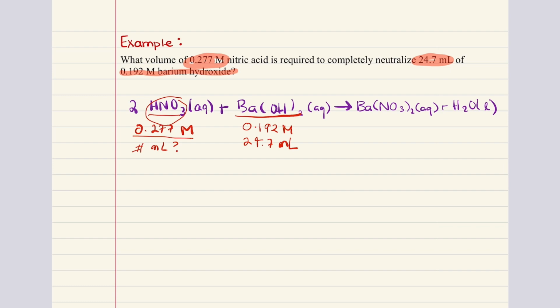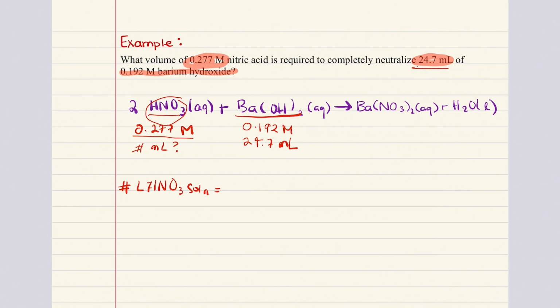We want the volume of nitric acid, so the number of liters or milliliters of HNO3 solution. What are we given to start? We're given 24.7 milliliters of barium hydroxide. Let's quickly convert that to liters and we'll start from there so we can get our answer in liters.